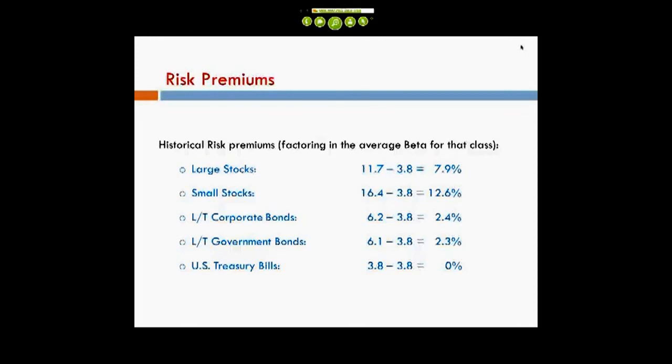I want you to do it within your team and argue and come up with a number. Can we anticipate growth in the T-bills? You can have a different discount rate for each year going forward, but that's a model that I'm not suggesting. I think you can take a shortcut there.